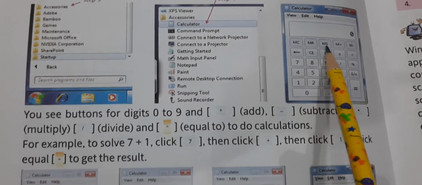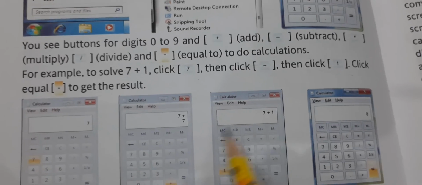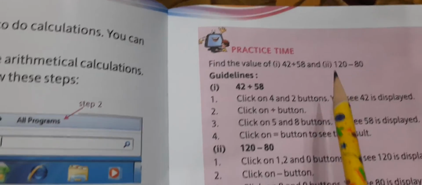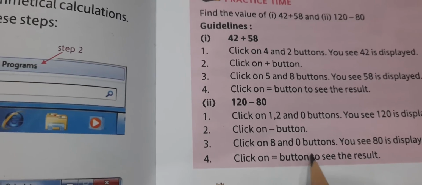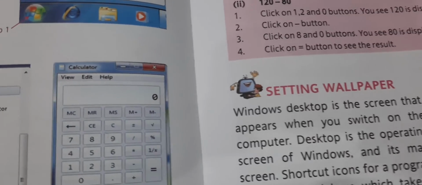This is a simple calculation. You can follow these steps, just like in the usual calculator we use. Now in the practice time you can practice these calculations in this calculator. Okay children, if you have a system at your home.